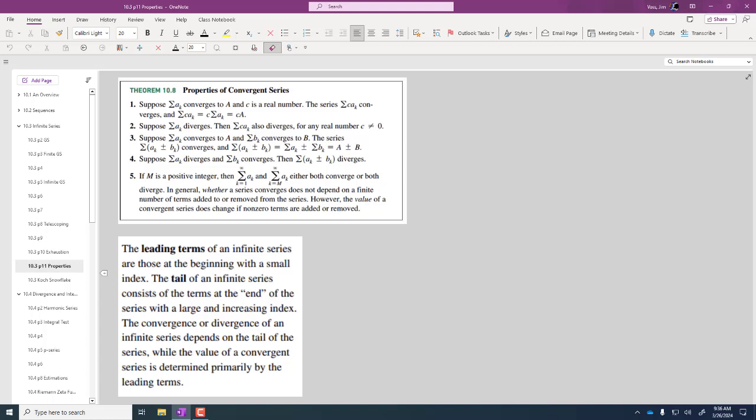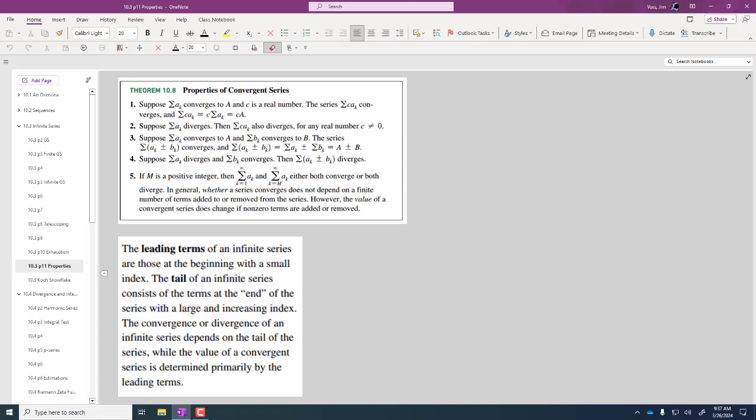So then we have this thing here. If m is a positive integer, what they're getting you to think about here is the complete series and the tail of the series. So if it starts at capital M and capital M is further down the road, we have our a sub 1, a sub 2, etc. If we go all the way out to a sub m, that's the tail of the series.